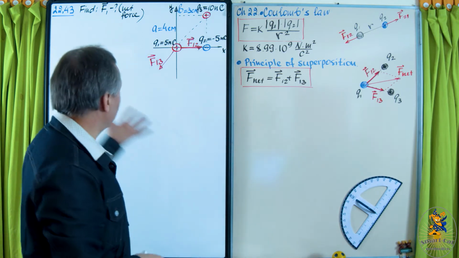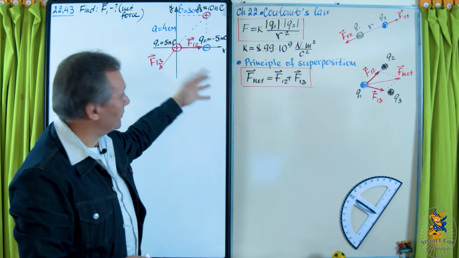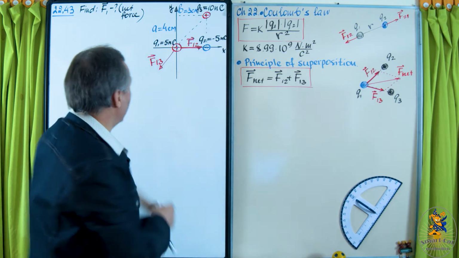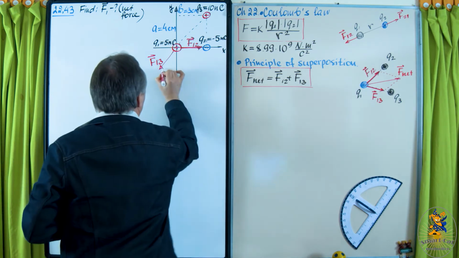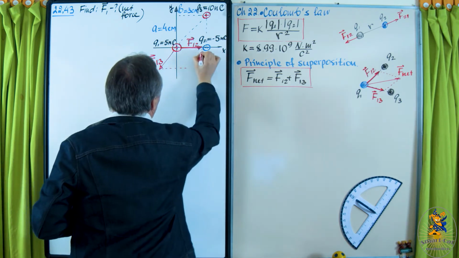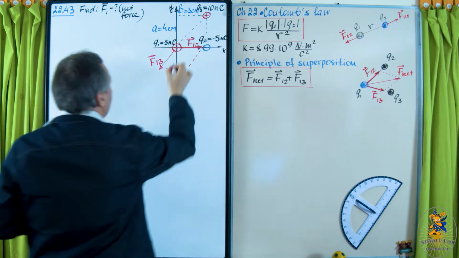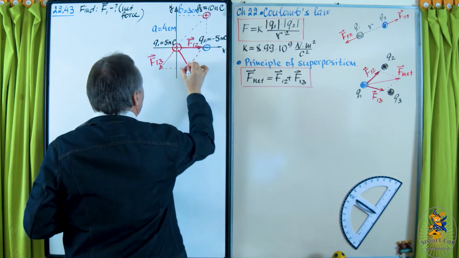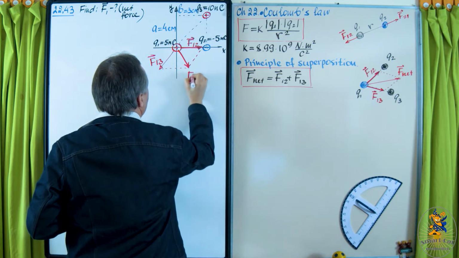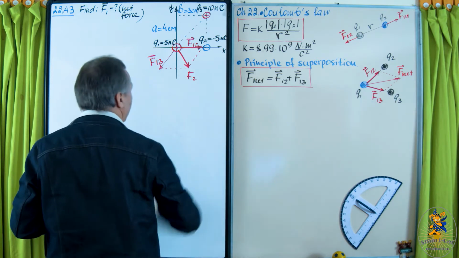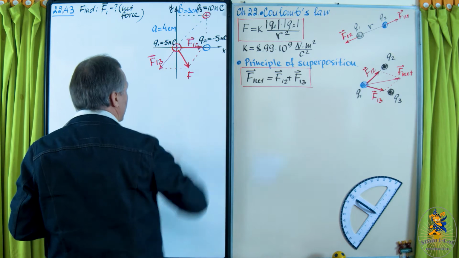And then, of course, what's next? Principle of superposition. We just need to add these two vectors as vectors. So I will draw it approximately. And this will be the force F1, not F2, which needs to be found.